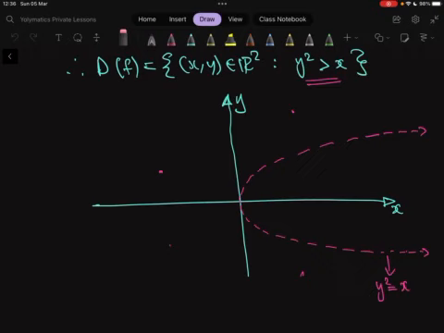If you take a few points which lie here, here, and random points here, you will see that all the points that lie within this interior fail to hold true for that inequality. All the points that hold true for that inequality are the points that lie outside that region.